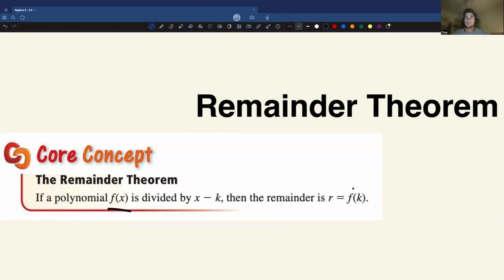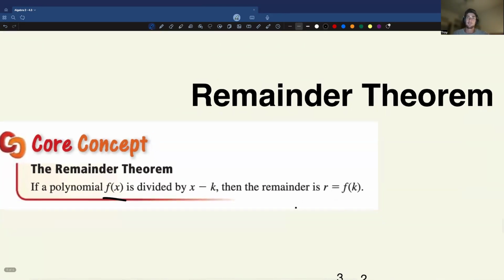Okay, so when we put this in practice, it's going to feel a little bit strange in terms of why this even works in the first place. But what this is saying is that if we can just find the remainder when we divide by x minus k, then we know automatically what the output is for that function when the input is k.